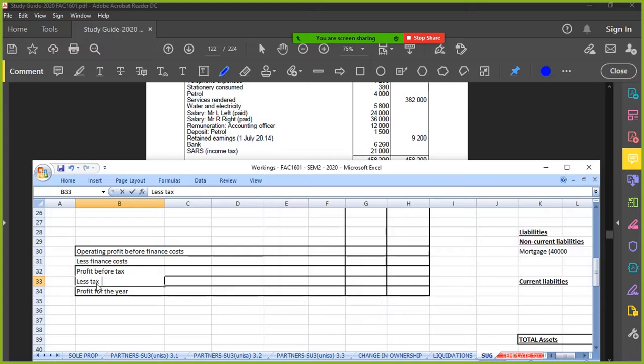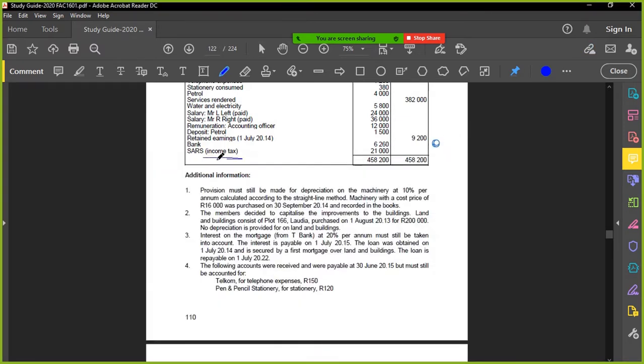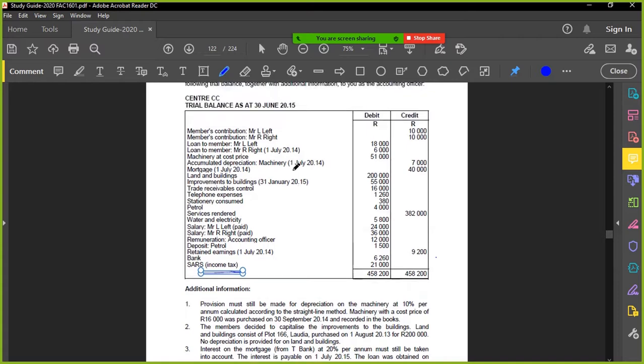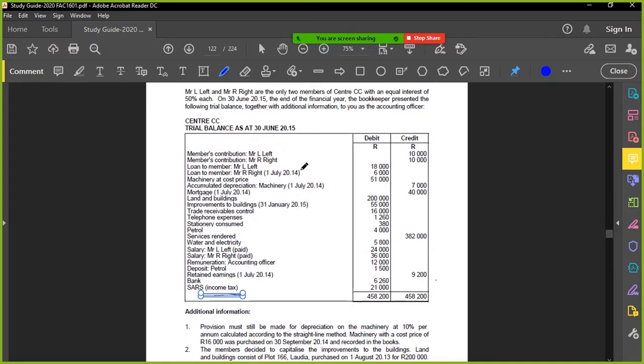Because it's a debit, it's either an asset, an expense, or drawings. It can't be an asset, and definitely not drawings. So the only option must be an expense. Income tax is part of the operations of the business.